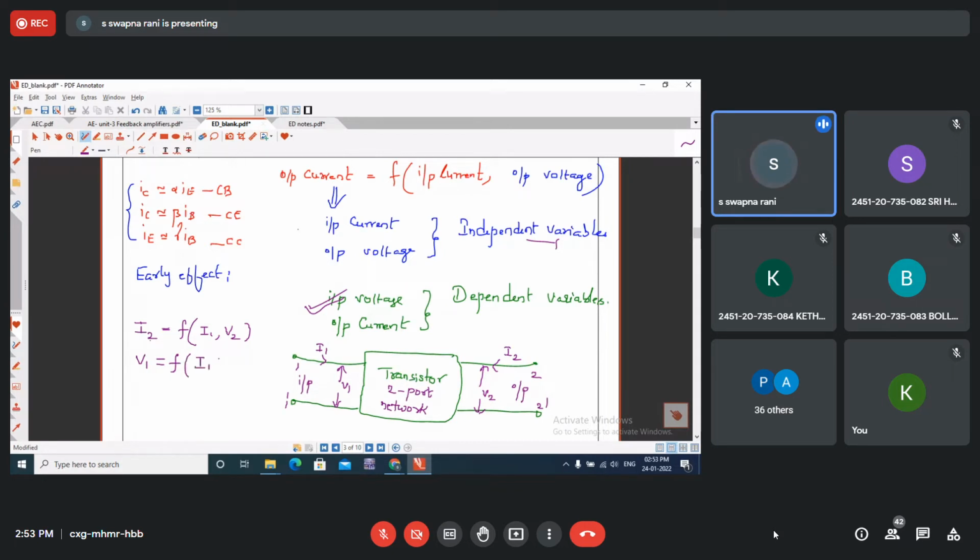So I1 and V2 are taken as the independent variables, and V1 and I2 are taken as the dependent variables.